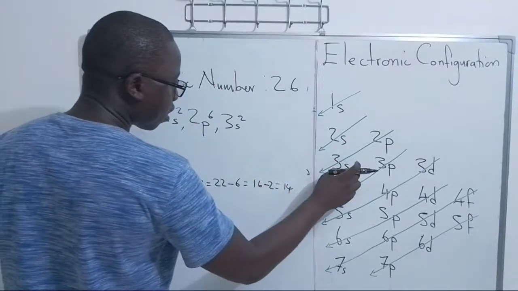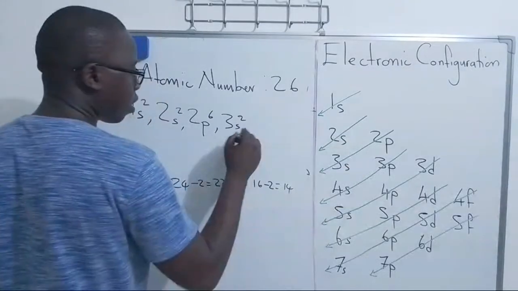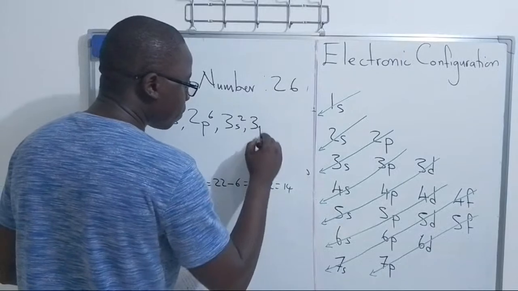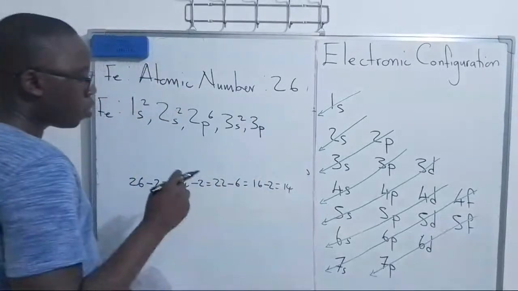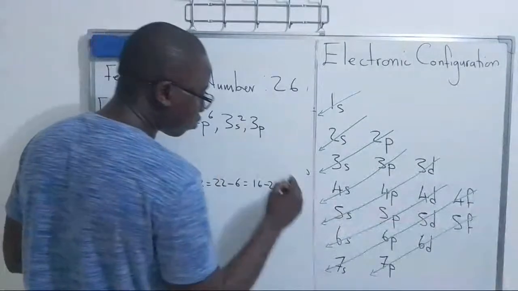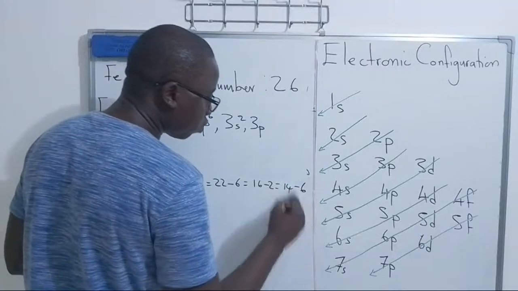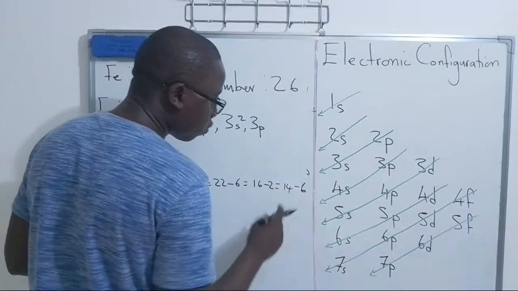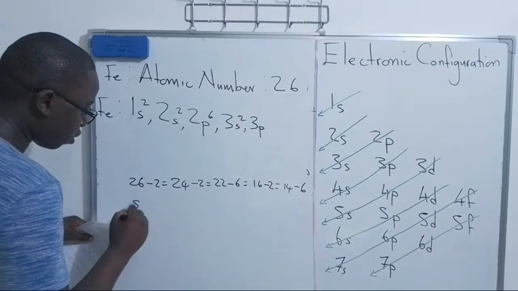After 3s, the next one is 3p. So we have 3p. The p orbital has the maximum number of electrons, that is 6. So in 14, we are reducing 14 with 6. So if you remove that, you remain with 8 electrons.